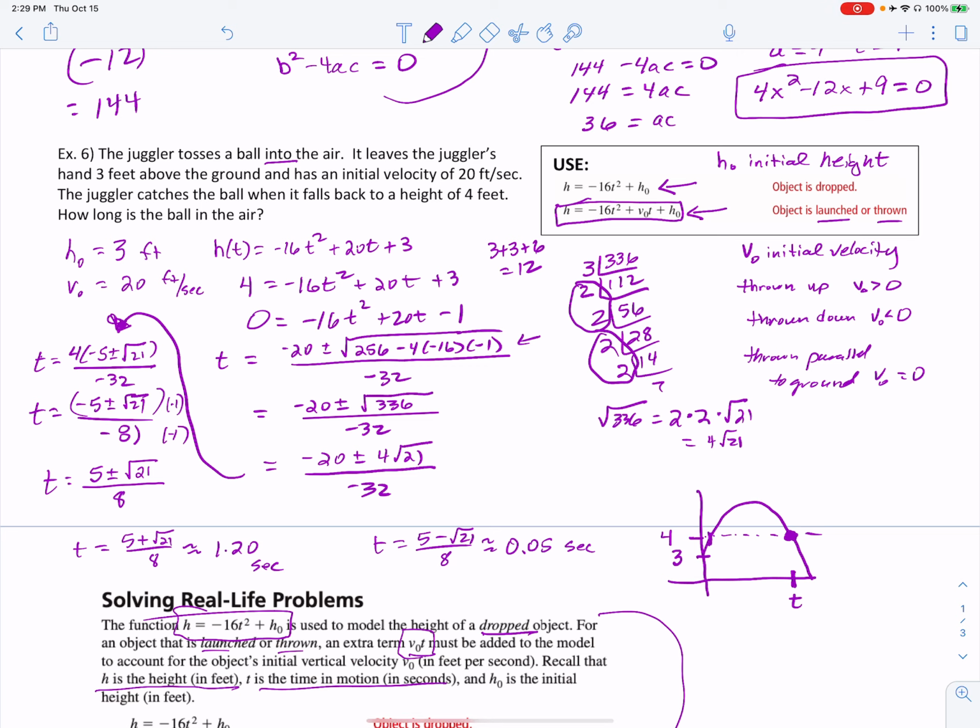So this first time of 0.05 is when, after he releases it, it hits the height of 4 on the way up. And so it is just the second time of 1.20 seconds that is the answer, because that's when he catches it on the way down. So in context, it is at 1.20 seconds.